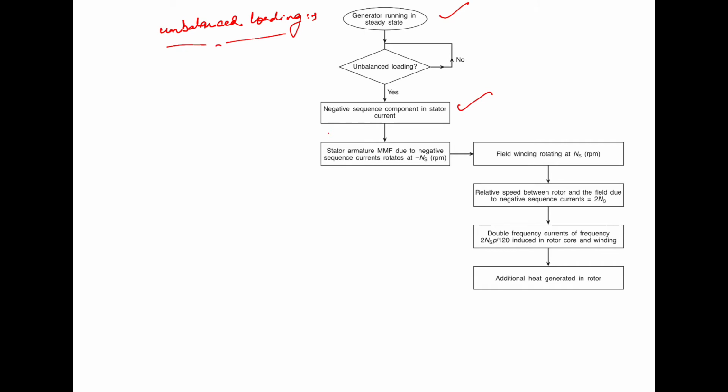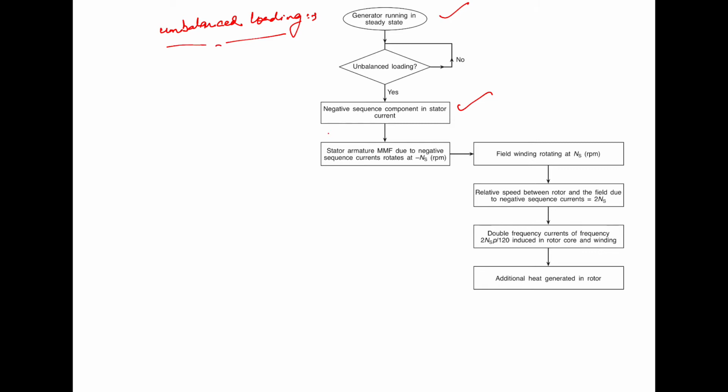Whenever unbalanced loading is there, in that case, a negative sequence component is present in the stator. The stator field due to this negative sequence component rotates in the opposite direction. It rotates at synchronous speed, but in the direction opposite to the field structure on the rotor.